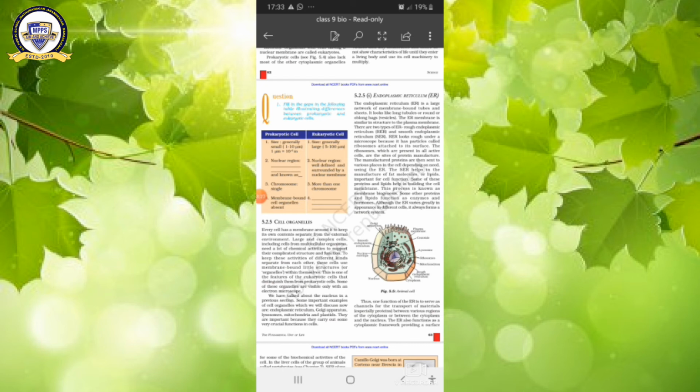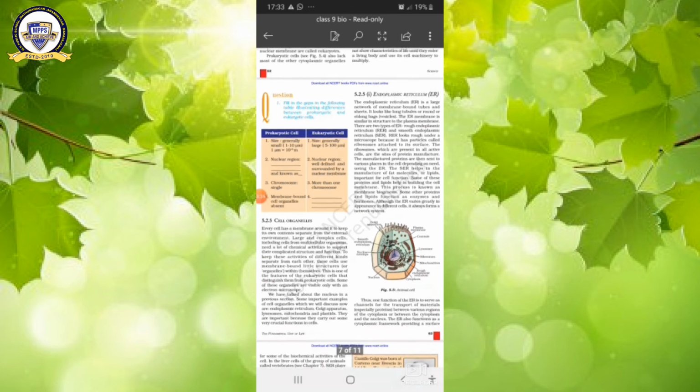Although the endoplasmic reticulum varies greatly in appearance in different cells, it always forms a network system, as you see in figure 5.5 in an animal cell. Thus, one function of the endoplasmic reticulum is to serve as channels for the transport of materials between various regions of the cytoplasm or between the cytoplasm and the nucleus.